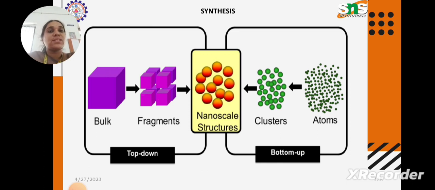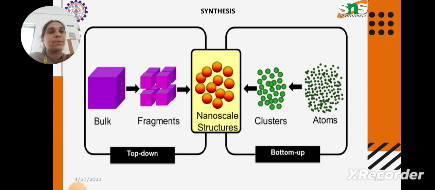Next we move on to the synthesis of nanomaterials, that is top down. A bulk material is converted to fragments and to nanostructure scale. This is bottom up, where atoms move on to clusters and to nanoscale materials.